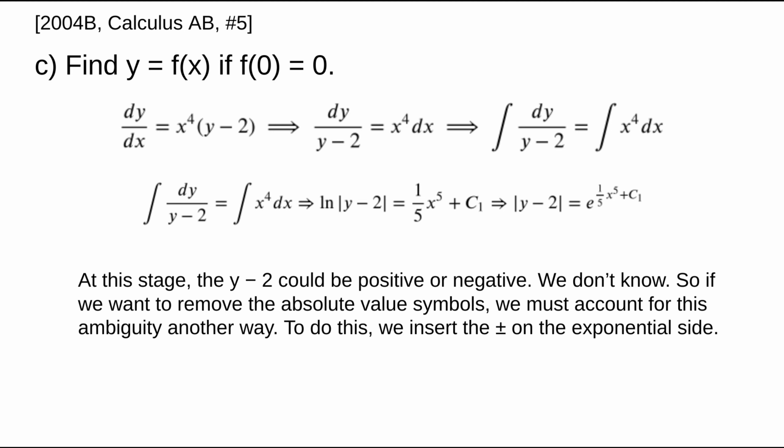To do that, we're going to remove the absolute value symbols from y minus 2, and we're going to tack on the plus or minus on the side with the exponential, which gives us y minus 2 is plus or minus e to the c1. I haven't finished solving for c yet. I'm going to use a big C later. So y minus 2 is plus or minus e to some power times e to the 1/5 x to the fifth.